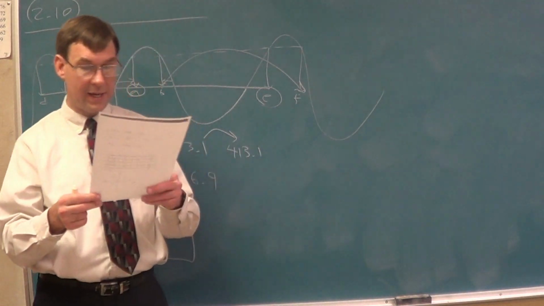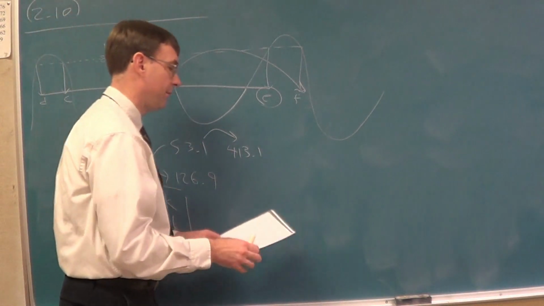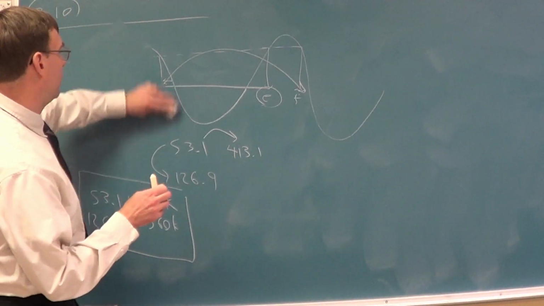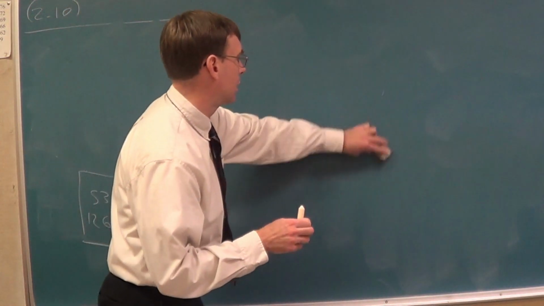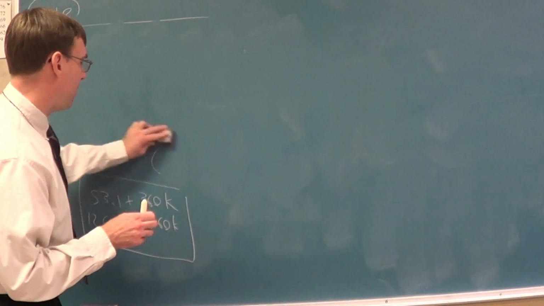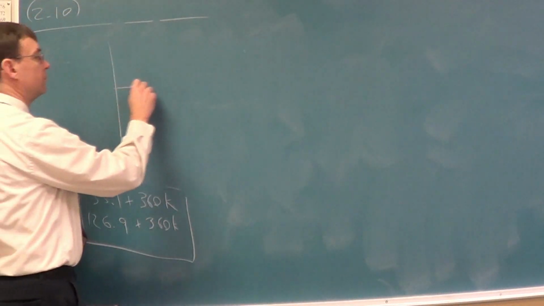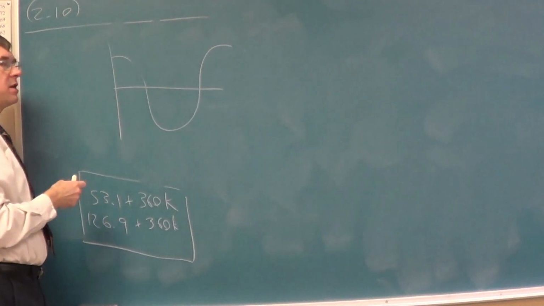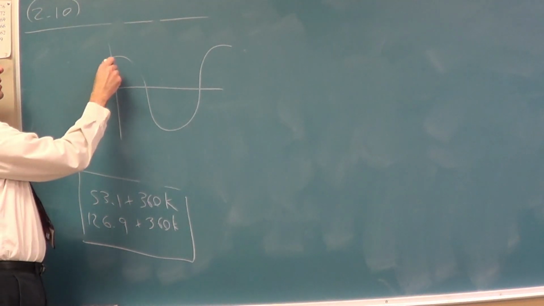Okay, cosine does a little bit of a different graph. So if I wanted to use a graph just to get us rolling, if I played with the same number, cosine, I usually graph it this way.